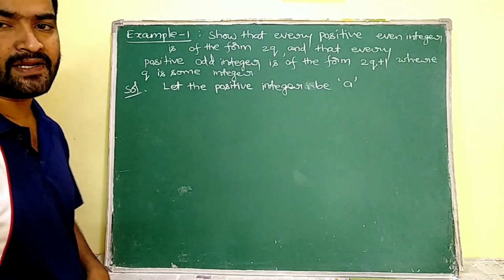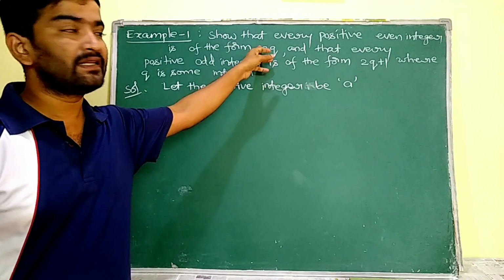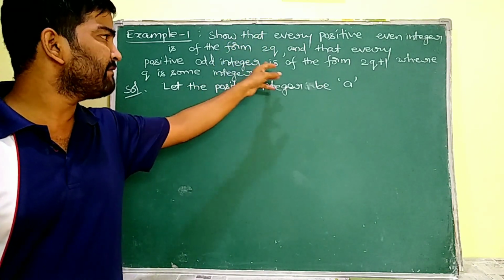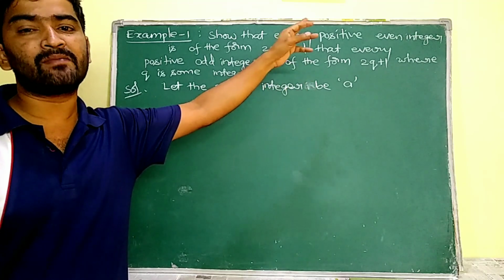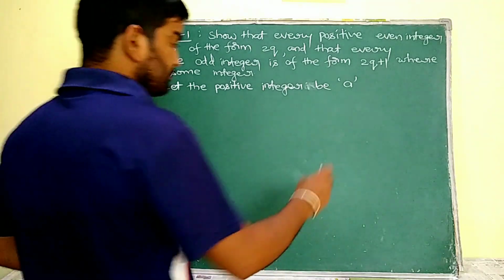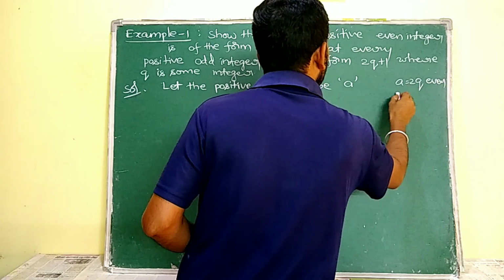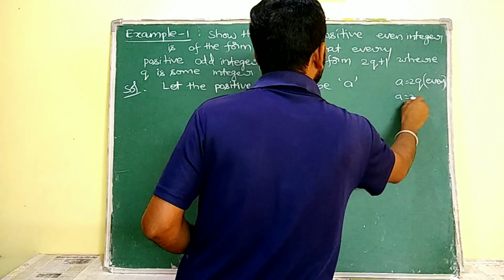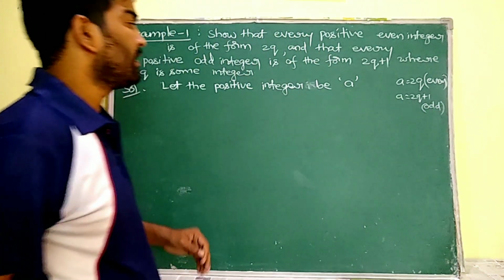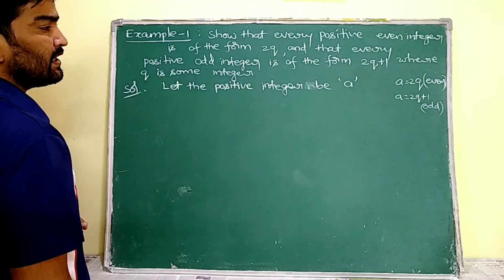We have to prove that if a is 2q, then it is in even form. If the given positive integer a is in the form 2q plus 1, then it is odd. Now I am going to compare it with Euclid's division lemma.